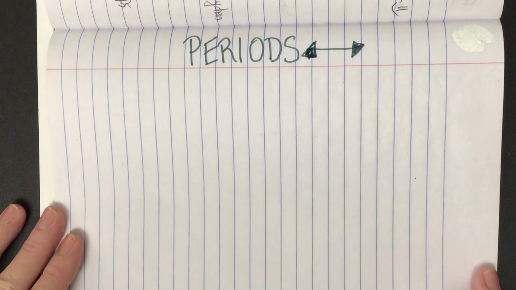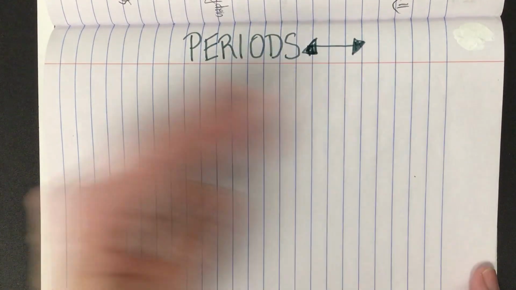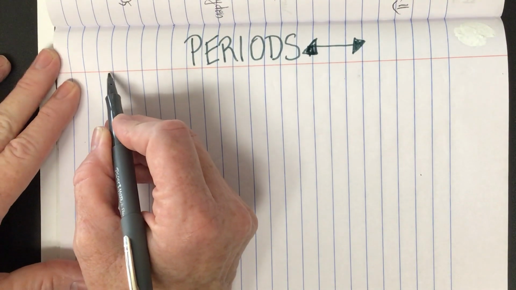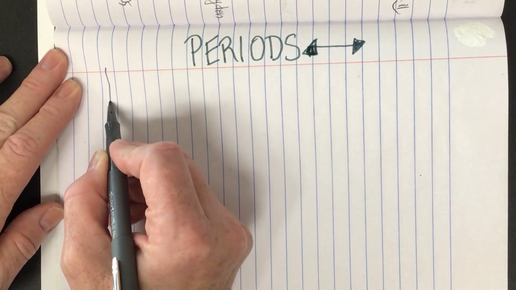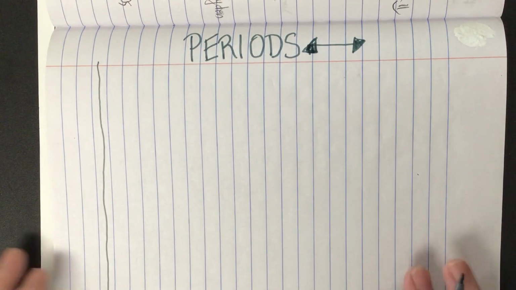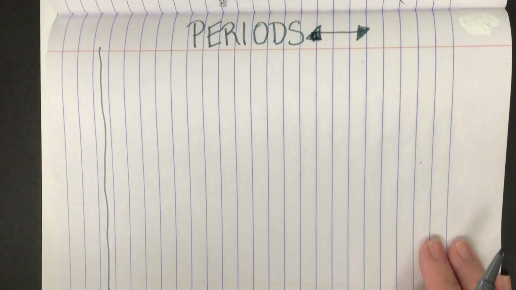You sketched your first periodic table when we talked about groups. You're going to sketch your second periodic table. So let's do the left side. We don't have to be perfect. All right, we're going to do the bottom.